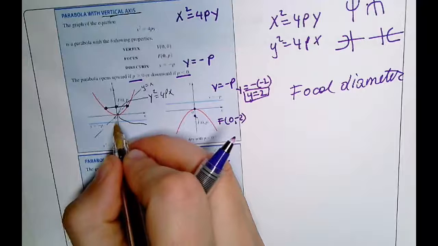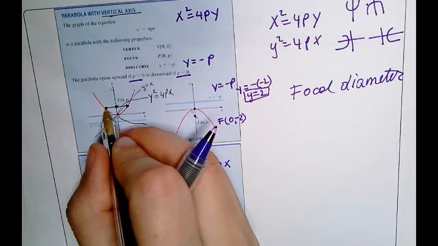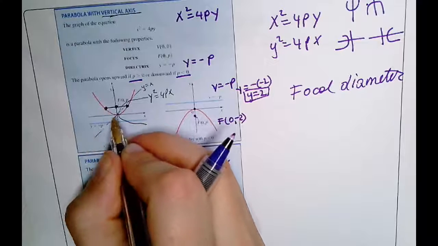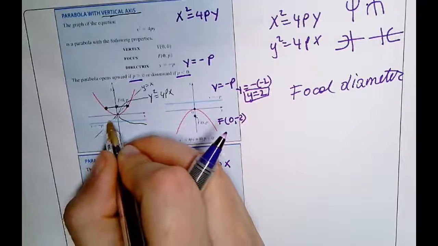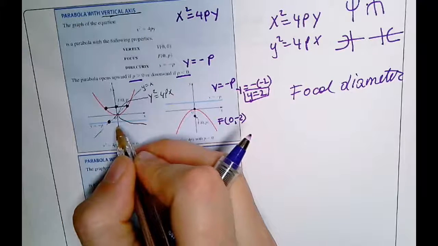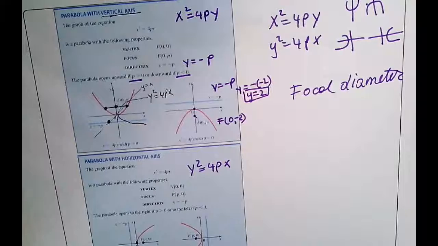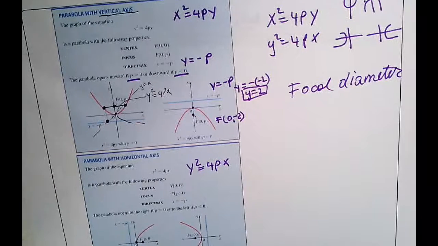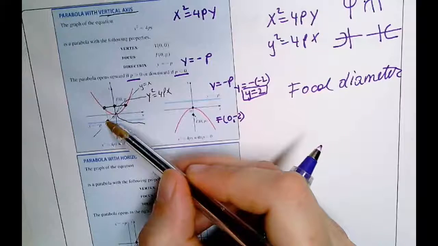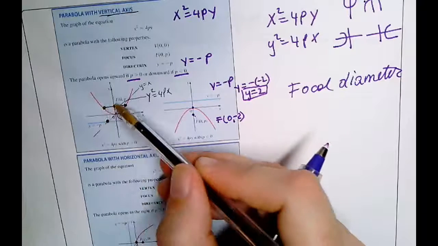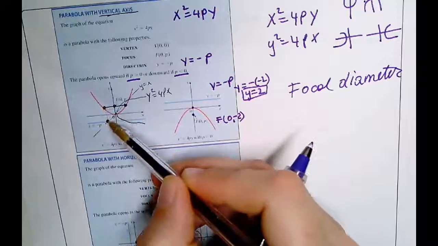I know that the distance from this point to the directrix has to be equal to the distance from this point to the focus. But I know this distance. What is this distance from here to here?